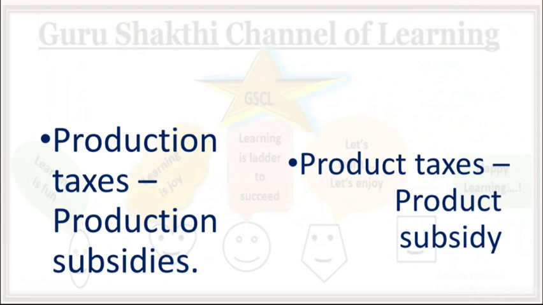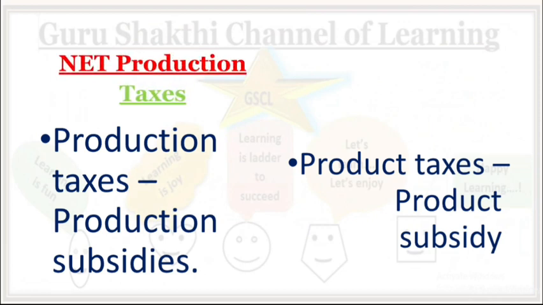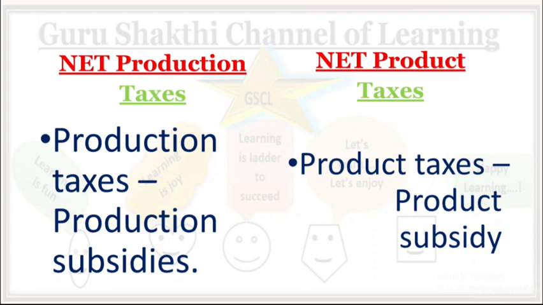When we exclude the production subsidies from the production taxes, we get the net production taxes. And when we exclude the product subsidies from the product taxes, we get the net product taxes.